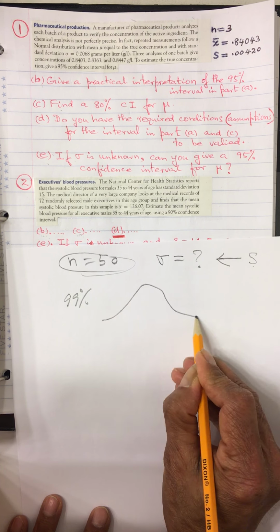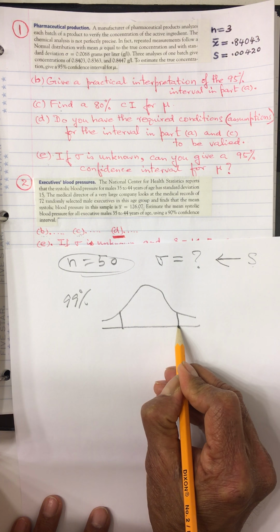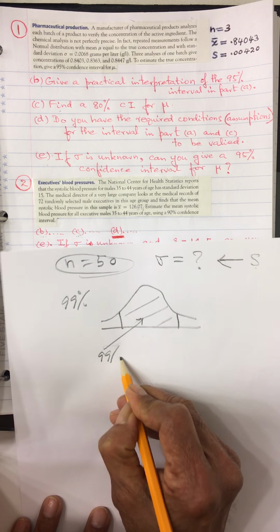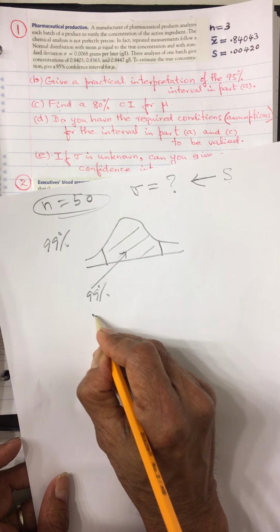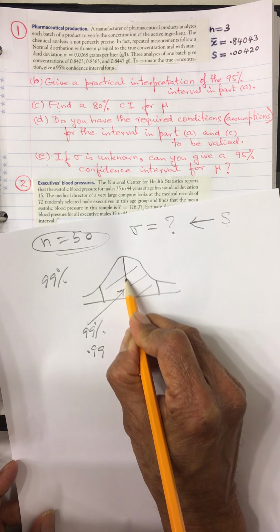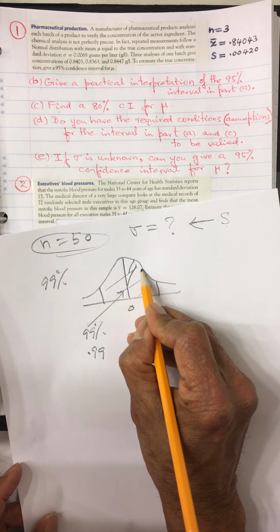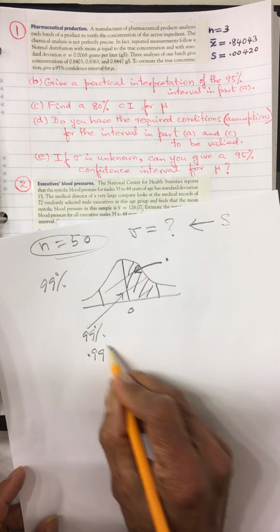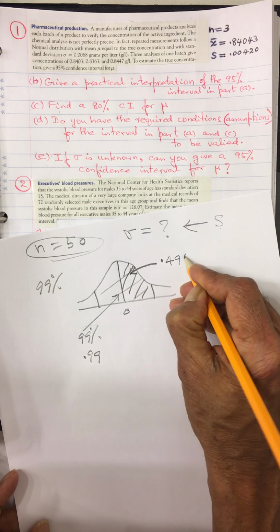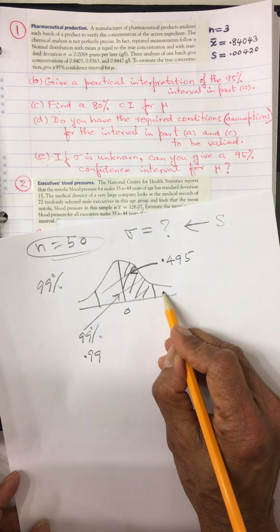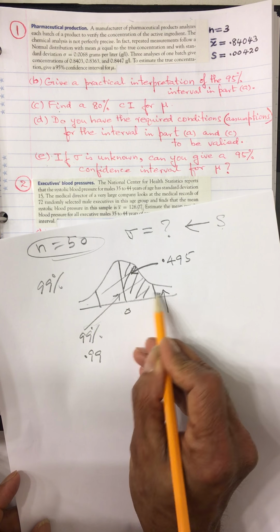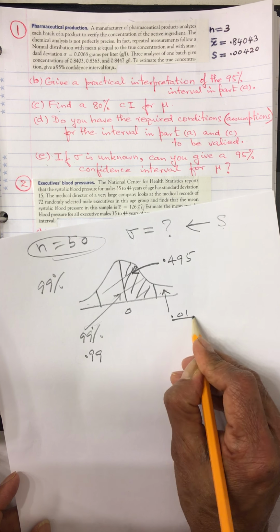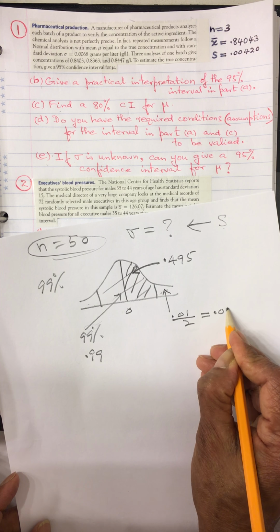From the Z table, from here to here, you need to cover 99%. In other words, as a probability, 0.99. If you split that into two, centered around the middle, this is symmetric, so this part is going to be half of that, 0.495. Either that is 0.495, or this remaining part, this and that, is going to be 1%. So this part alone is 0.01, 1% divided by 2, 0.005.